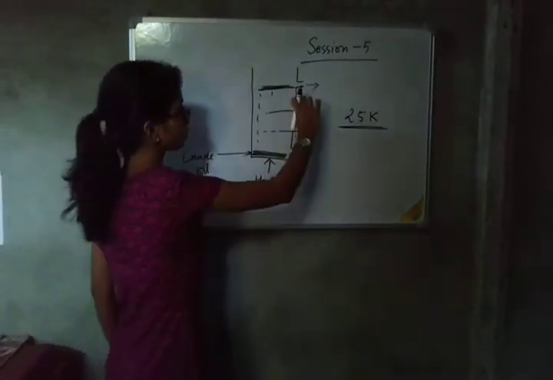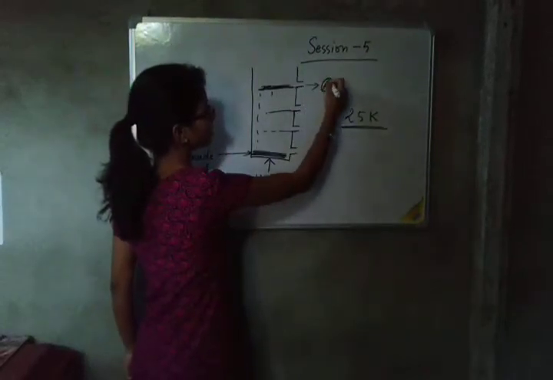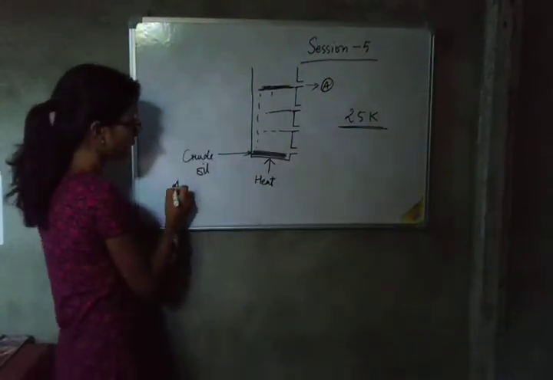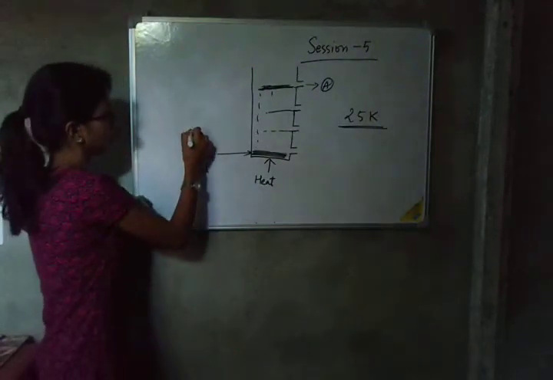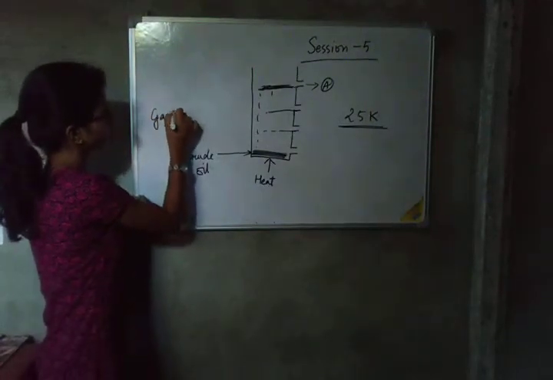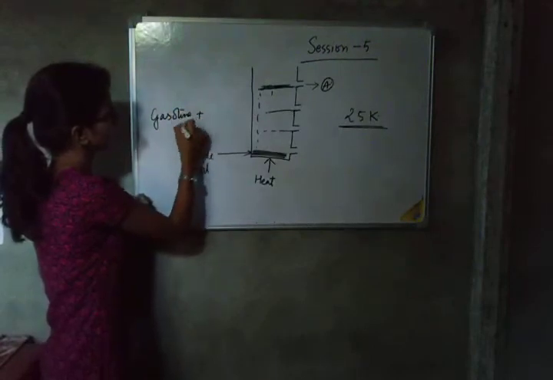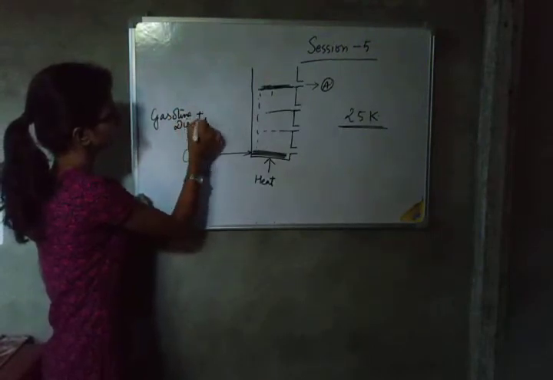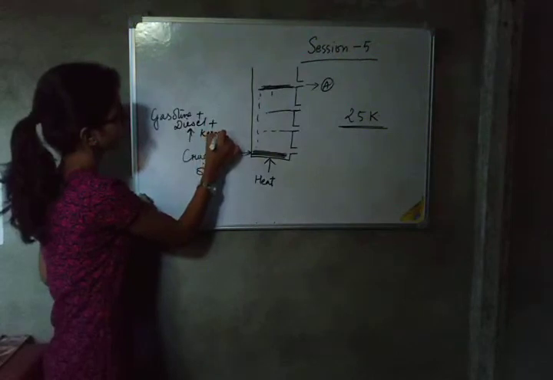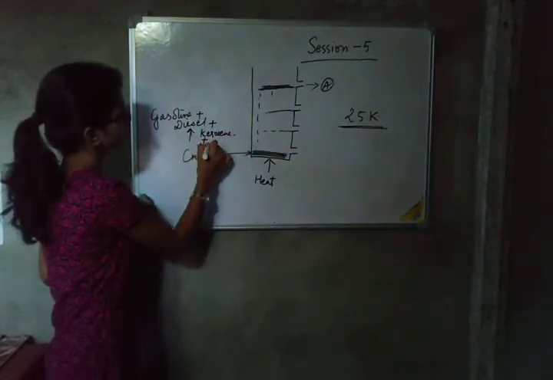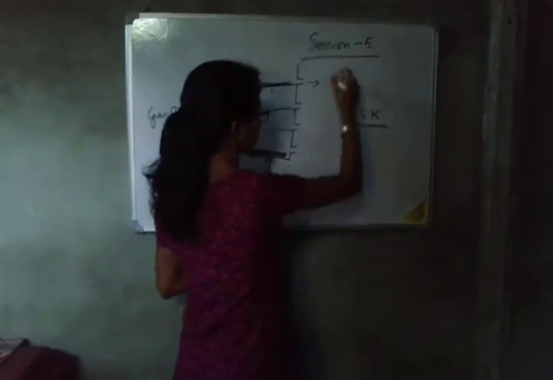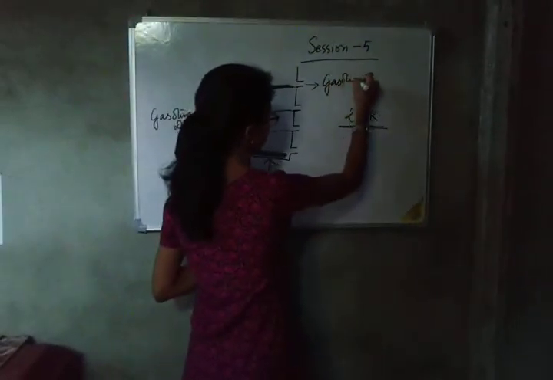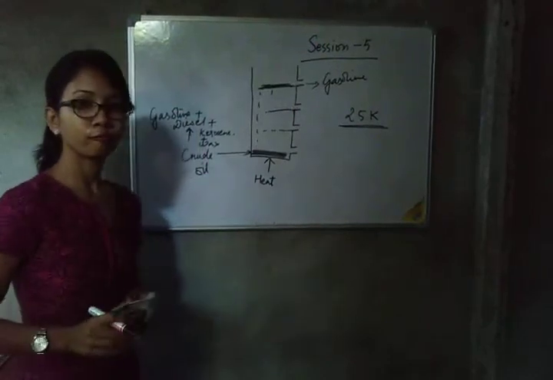Say, for example, in the crude oil these things are present: petrol or gasoline, then diesel, then kerosene, then wax. Now you see here, gasoline has the lowest boiling point, so it will vaporize first.